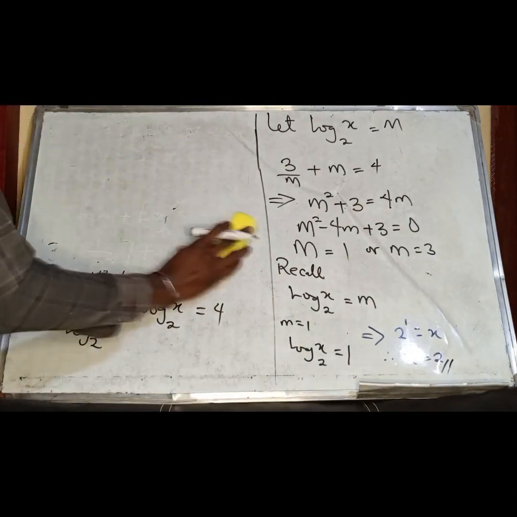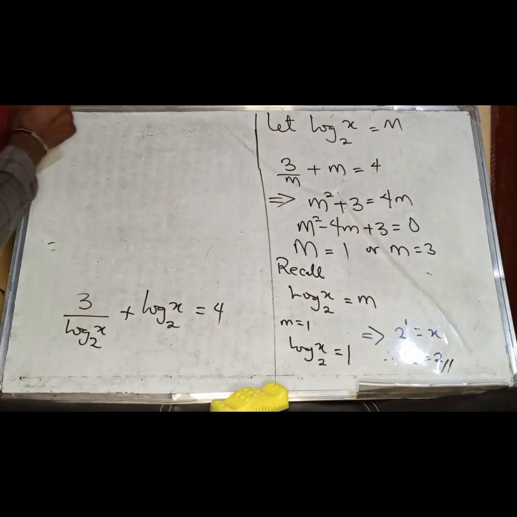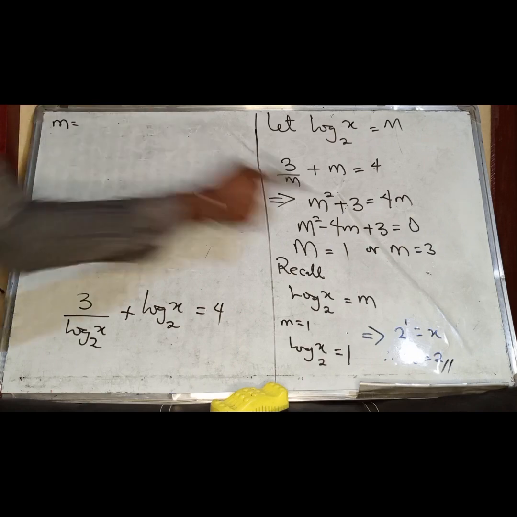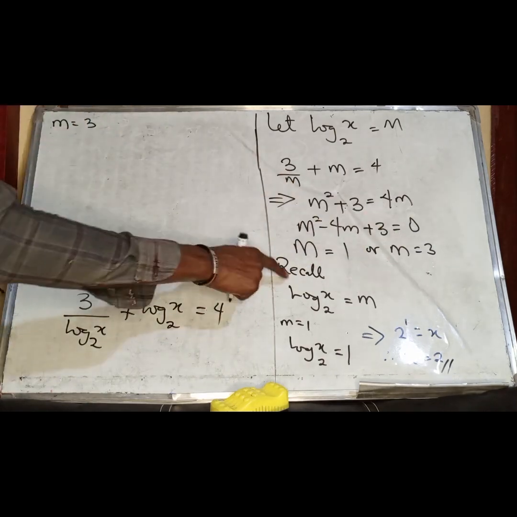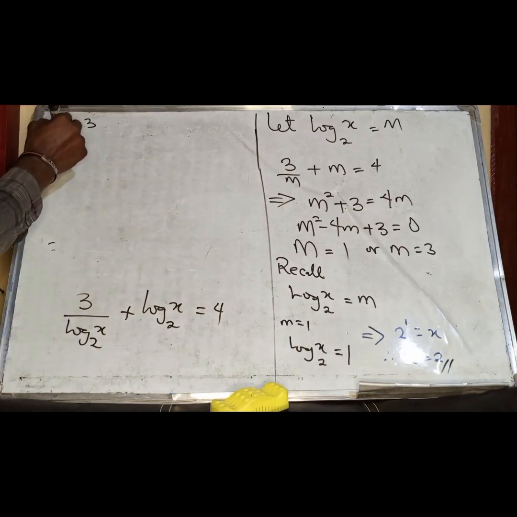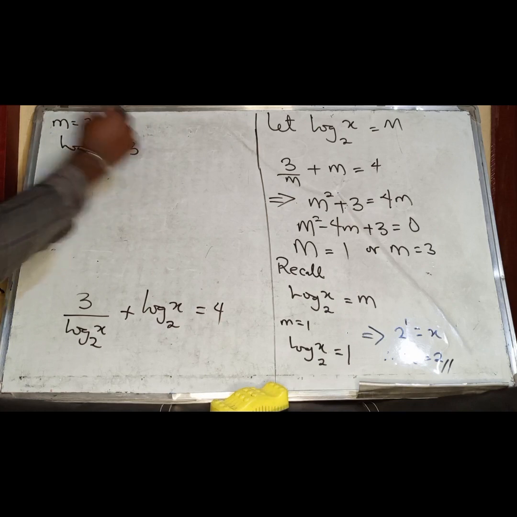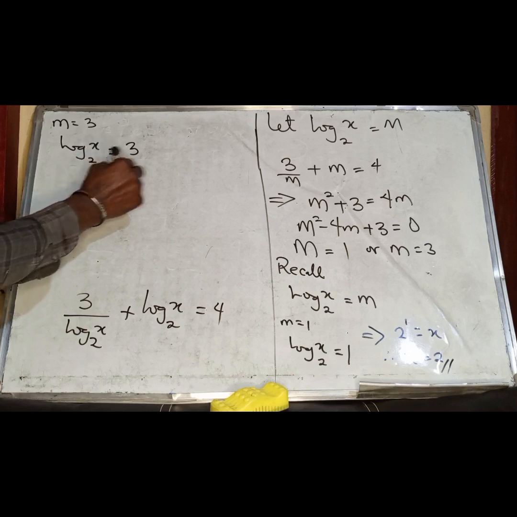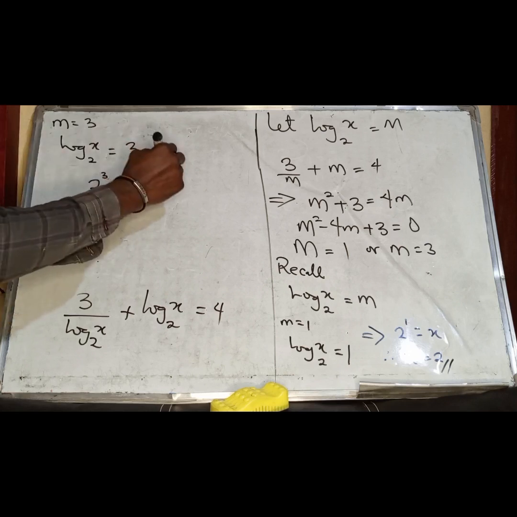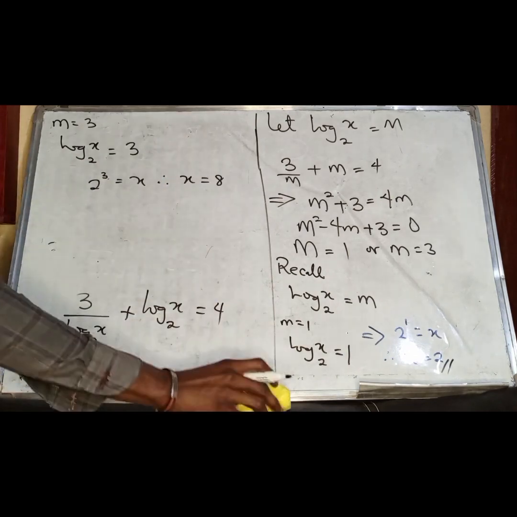So the first one, x equals 2. Secondly, when m equals 3, from the recap, log x to the base of 2 equals 3. So this could be written as 2 raised to the power of 3 equals x. So I now have x equals 8.